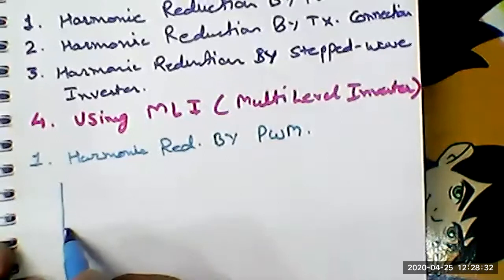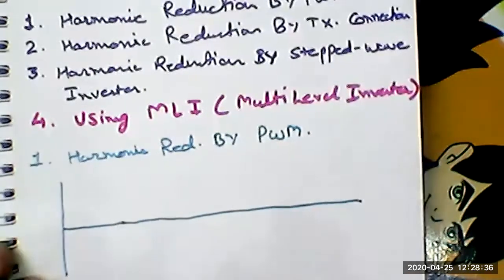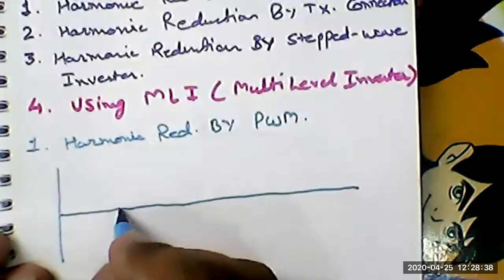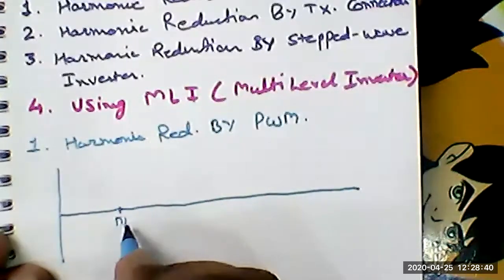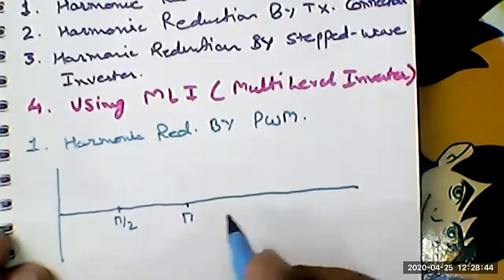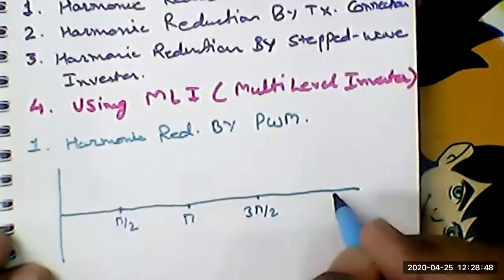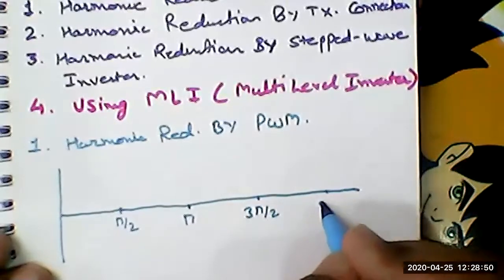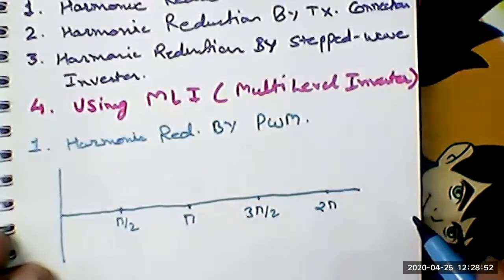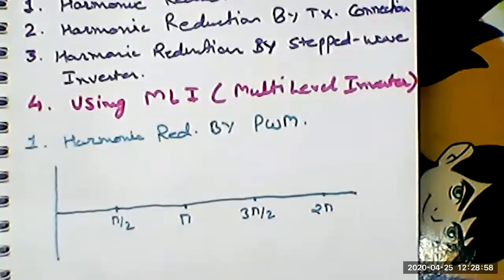Suppose we are triggering the device like this. This is our pi by 2. This is our pi. This is our 3 pi by 2. And this is our 2 pi, right? Now let me take some lighter color pen.